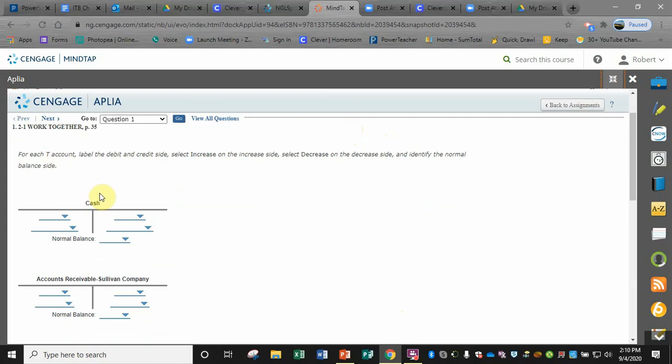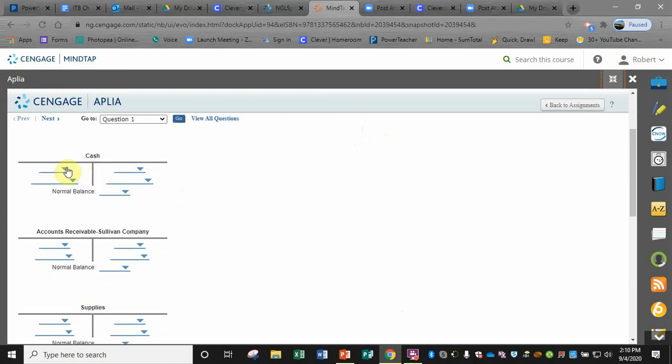Start with the first one. So drop down menu. We've only got two choices. The left side is always going to be debit, and the right side is always going to be credit. This is always for everything. Left is debit, right is credit.